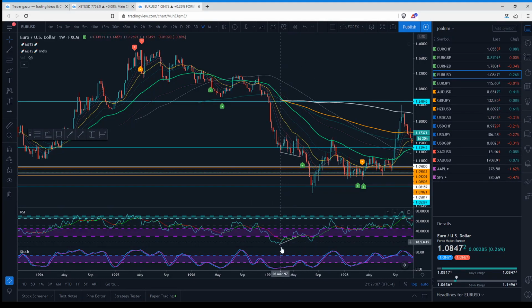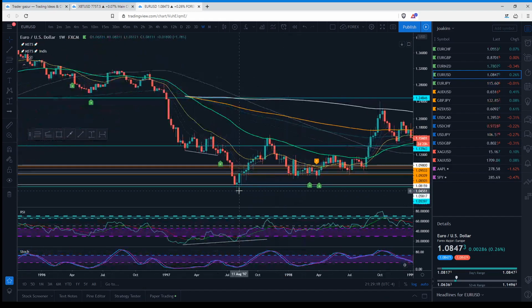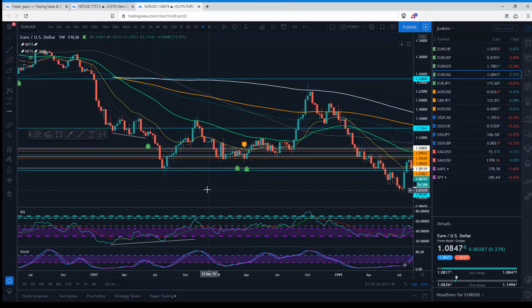And then here is the divergence, then divergence here, no signal on the weekly, but this was playable because we had a nice candle right here, nice candle here, nice candle here, and a retest of the horizontal. Perfect. This would have been a great play.